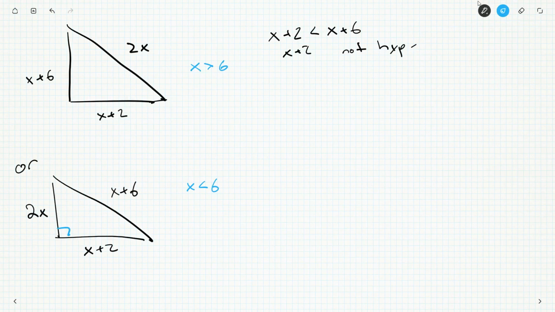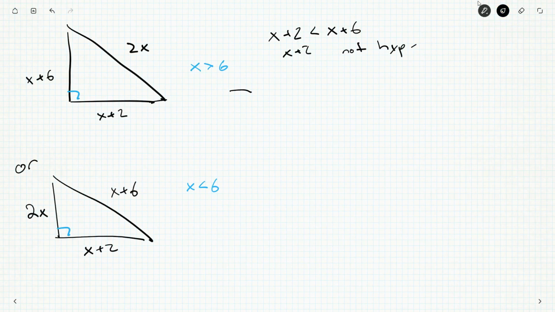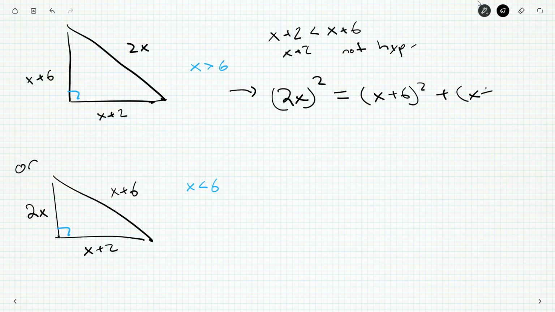Okay, so we've got these right angles here, and now we really only have one thing to do: we know they're right angled, so they have to satisfy the Pythagorean theorem. So we can set those up and get probably a quadratic in terms of x. One of them will likely be x negative, and we'll throw that out.